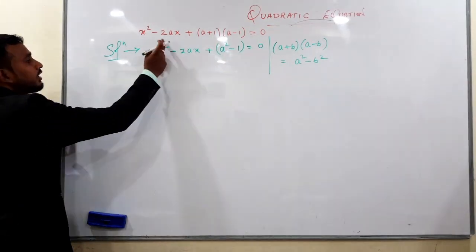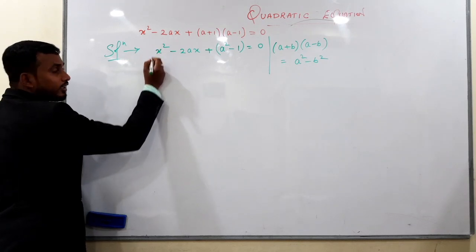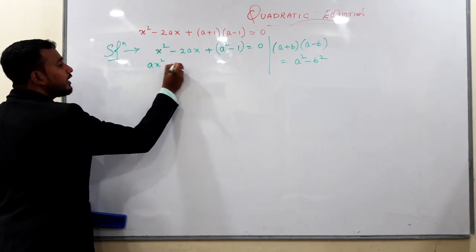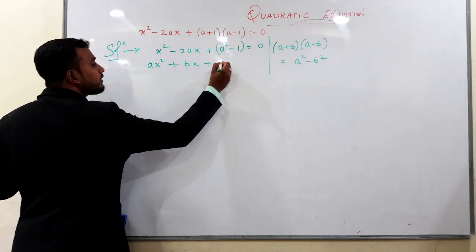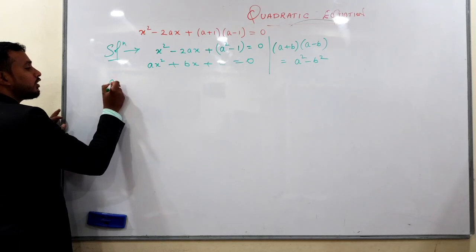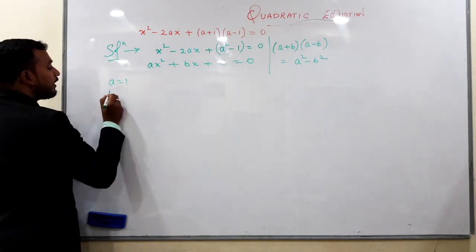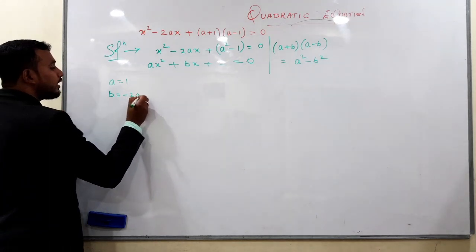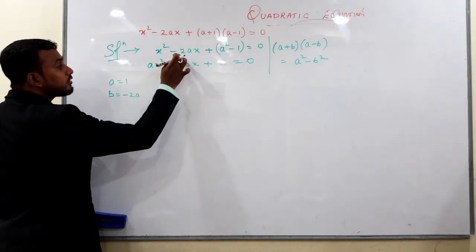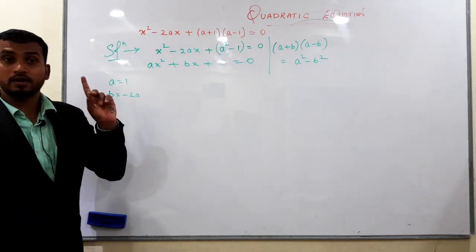Now here we can see in the place of a nothing is there, which means we should assume 1 is there. It's in the form of ax² + bx + c = 0. Here in the place of a nothing is there, that is +1. In place of b, -2a. Don't write x is variable, be careful.